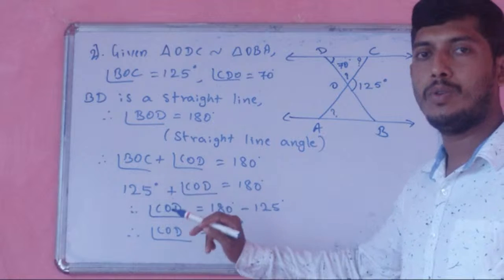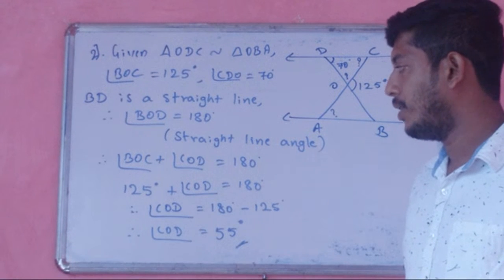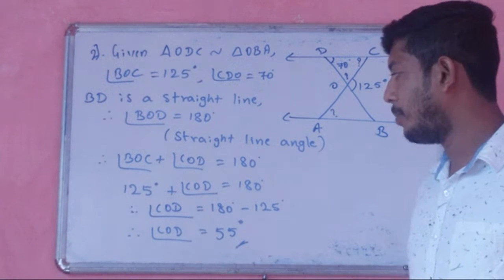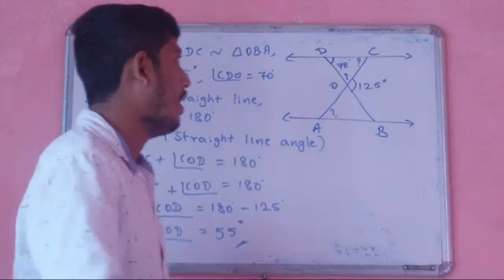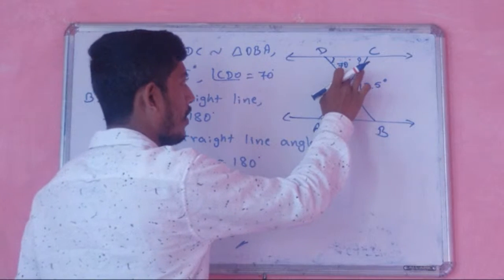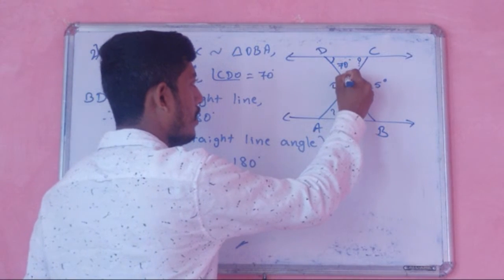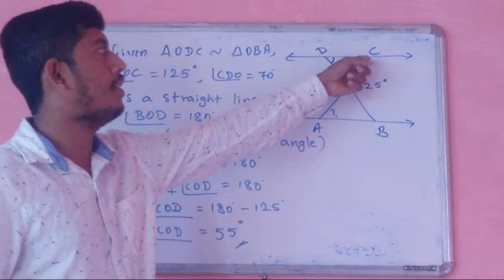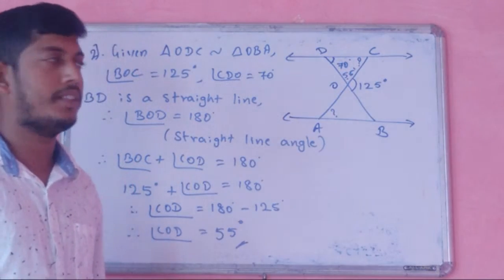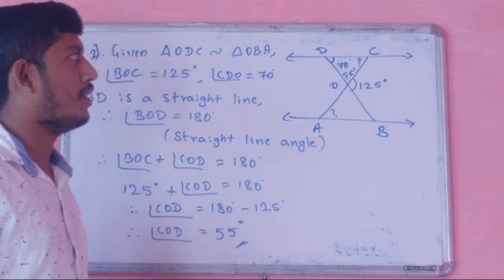We know the angle BOC value, that is 125. When we substitute that, it becomes 180 minus 125 degrees, that is equal to 55 degrees. So I will drop this question mark and write 55 here. Now again we have to find angle DCO.